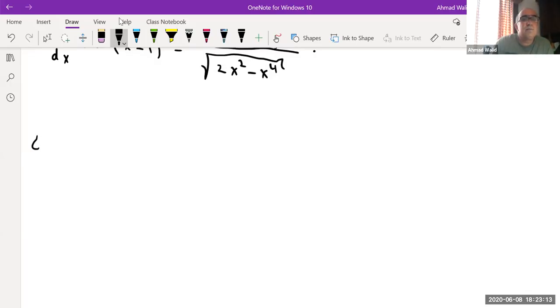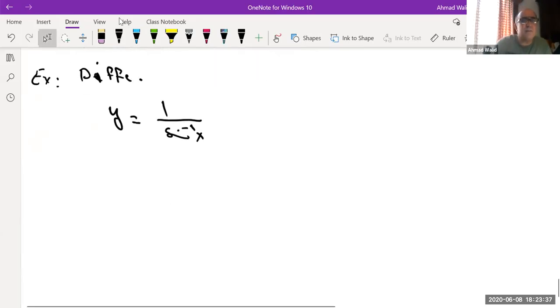Another example. Differentiate y equals 1 over inverse sine x.